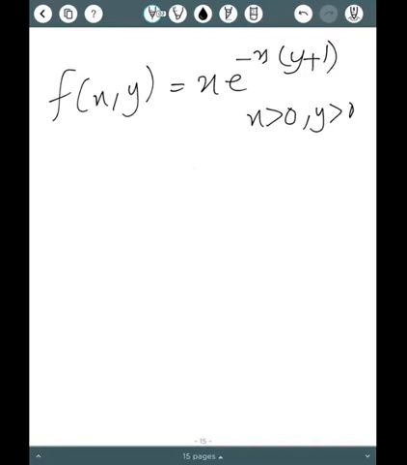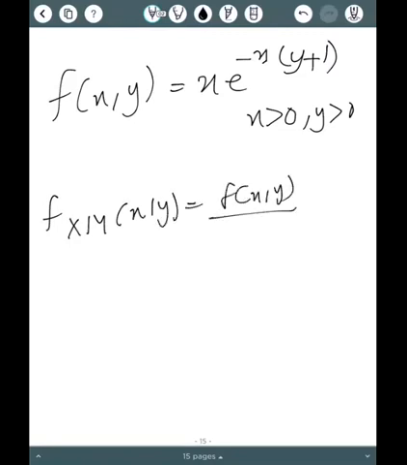So आपको पता है कि उसके लिए conditional density का फॉर्मूला क्या होता है? So conditional density का फॉर्मूला होता है basically, अगर x given y आपने करना है तो it's gonna be f(x,y) divided by marginal of y, right?